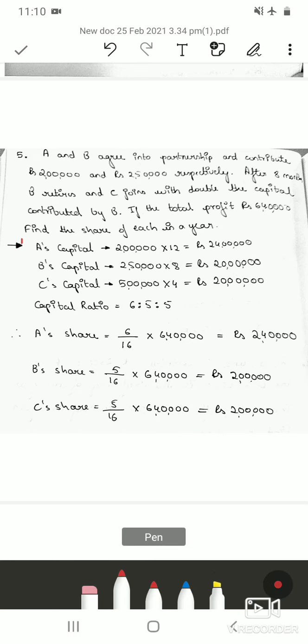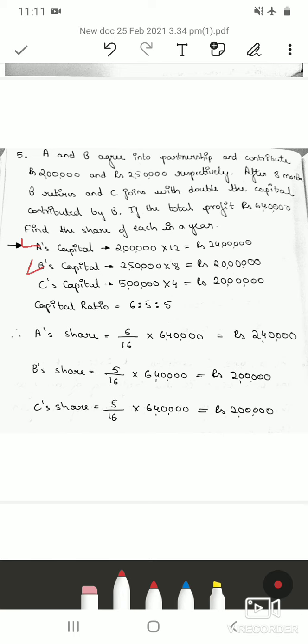So A's capital is rupees 2 lakhs into 12 because we are calculating for a year. A stays in the business for one whole year. Therefore, A's capital will be 2 lakhs into 12, which is 24 lakhs.